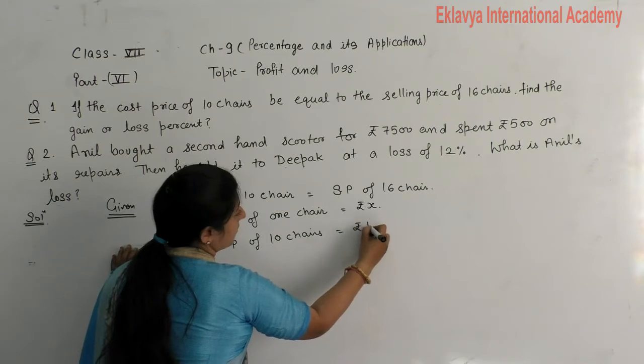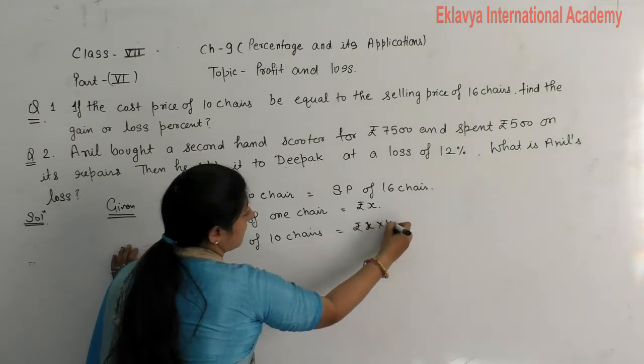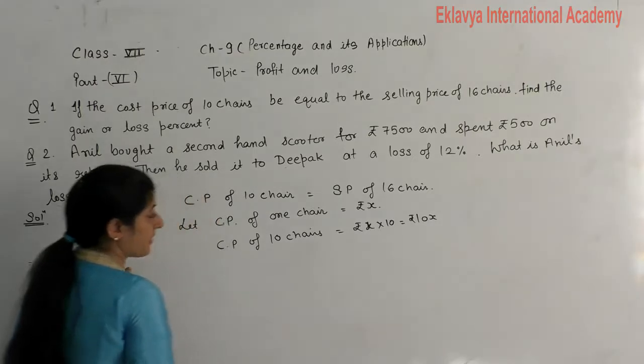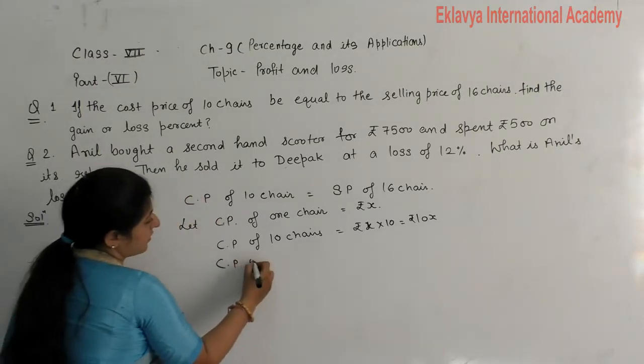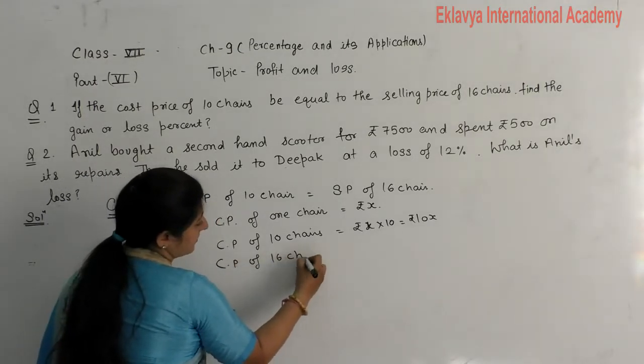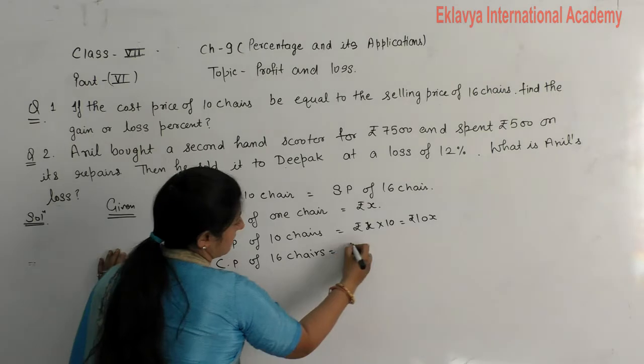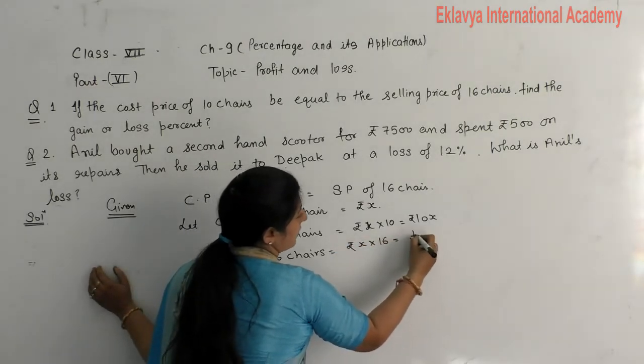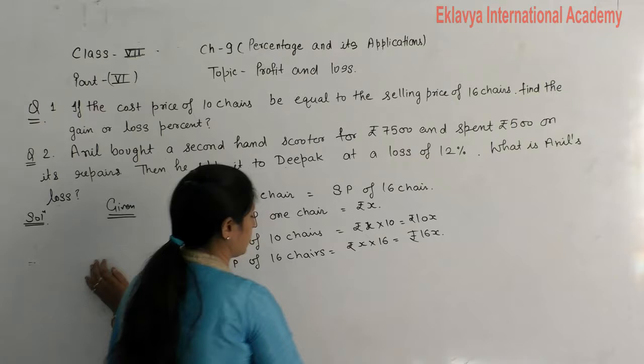Rupees X multiplied by 10, that is equal to 10x. And what is the cost price of 16 chairs? Rupees X into 16 is equal to rupees 16x.